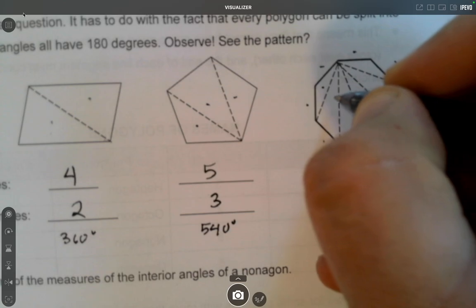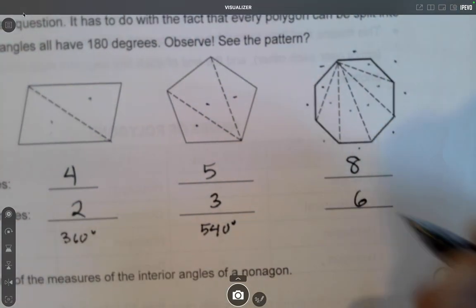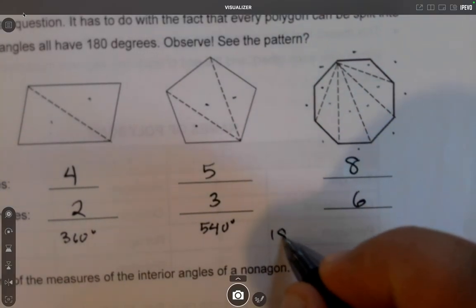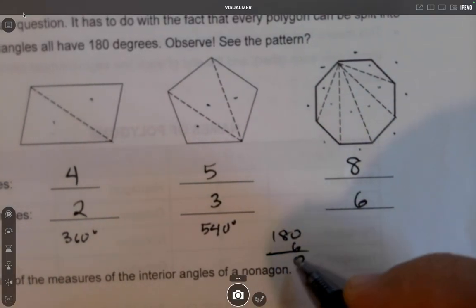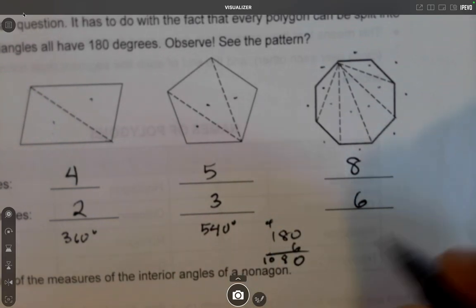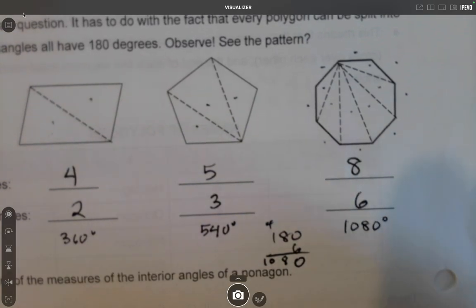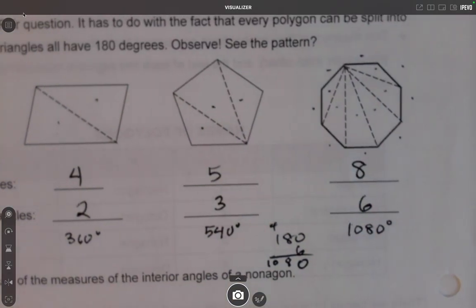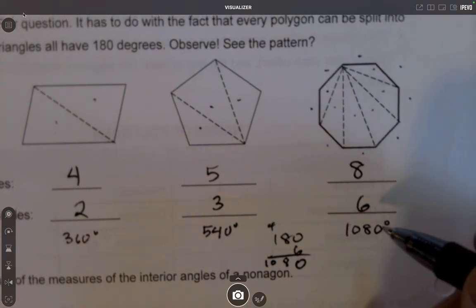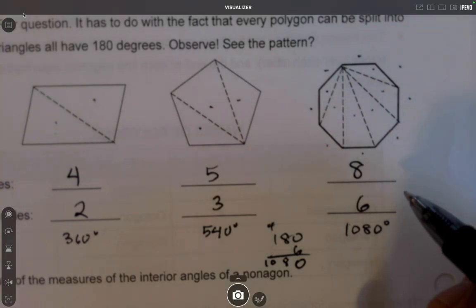And there's 1, 2, 3, 4, 5, 6 triangles. So if we did 6 times 180, we get 1,080 degrees. So an octagon has a total of 1,080 degrees, and the reason we can figure that out is because an octagon can be split into 6 triangles.